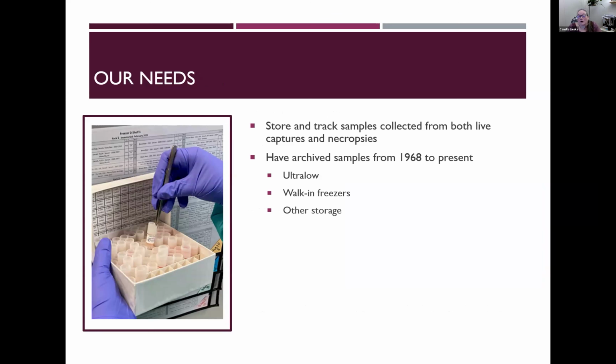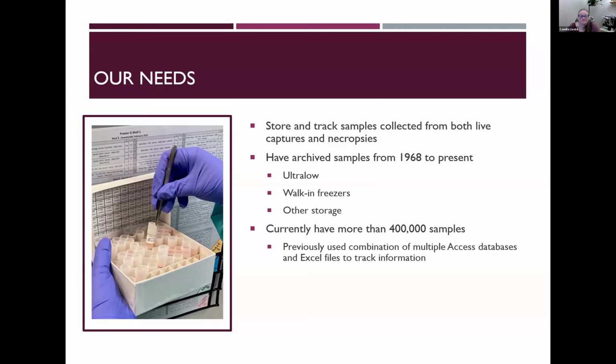We also have walk-in freezers and a lot of samples that are stored in various containers that are currently in totes. And then we also have samples like hair samples and tooth samples that may be in a cabinet or stored someplace else. And so we need to make sure we know where we find all of those samples when we need them. Currently, we have more than about 400,000 samples.